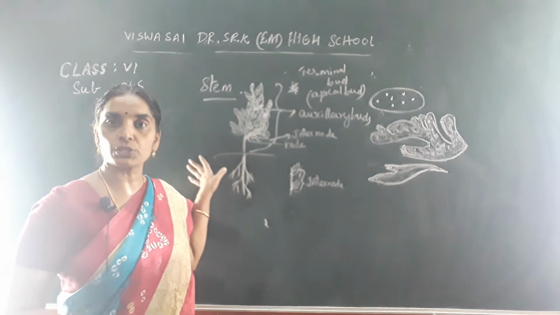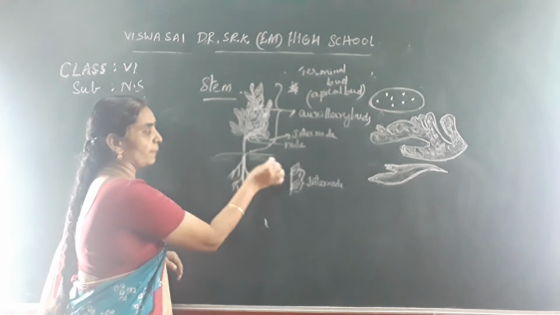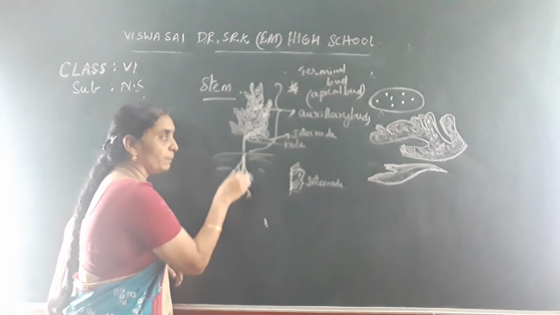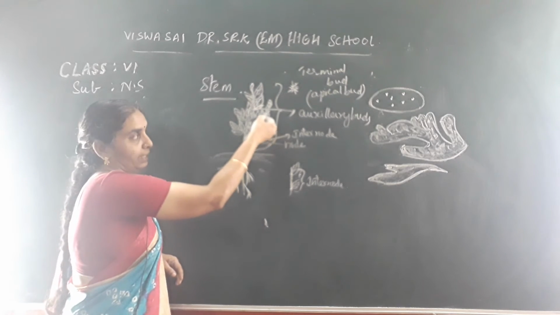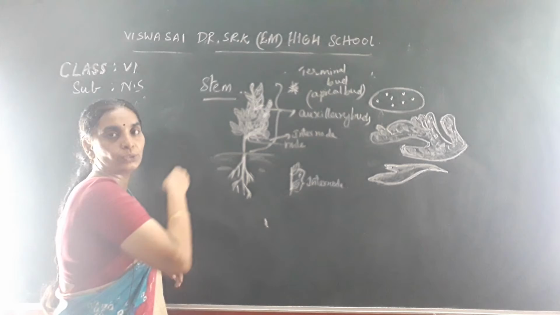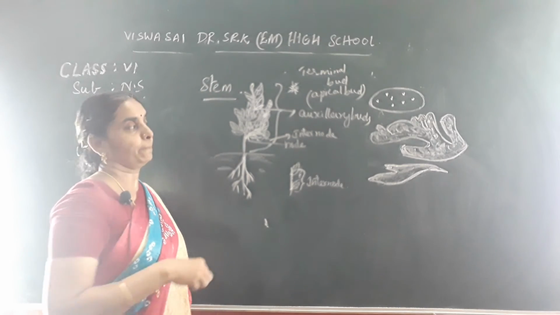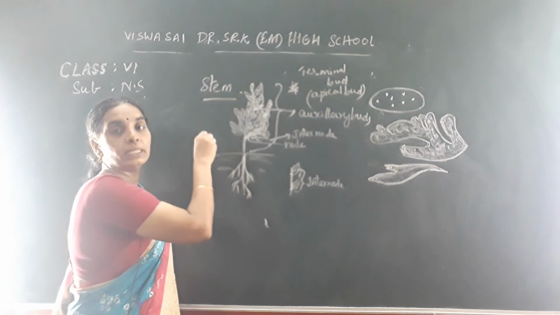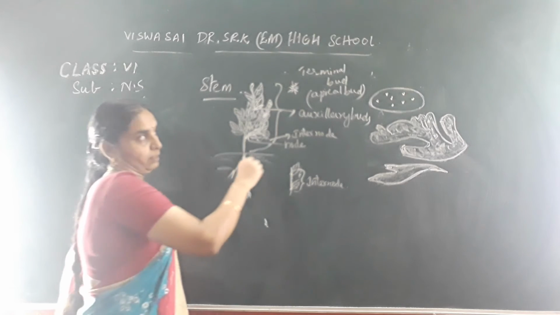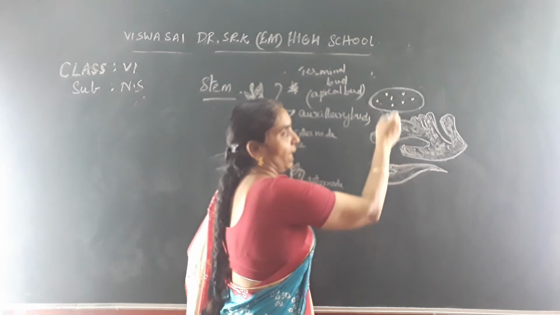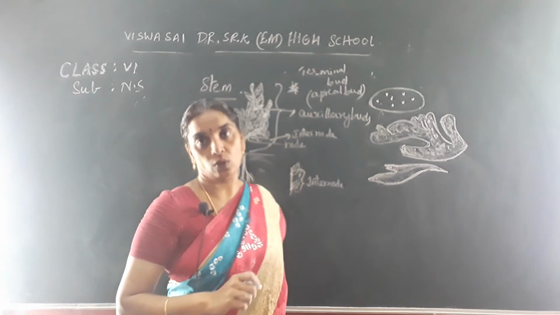The functions of the shoot system are conducting water and mineral salts that are absorbed by the roots to the various parts of the plant, and in turn sending the food material to the root. That is the function of the stem. They also store food material, in some of the stems like potato, ginger, turmeric, garlic and so on.